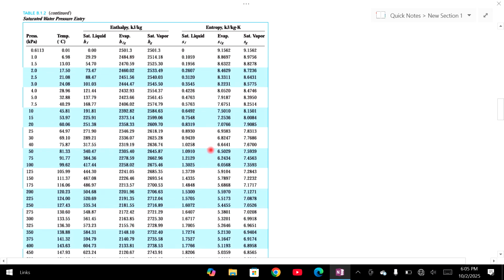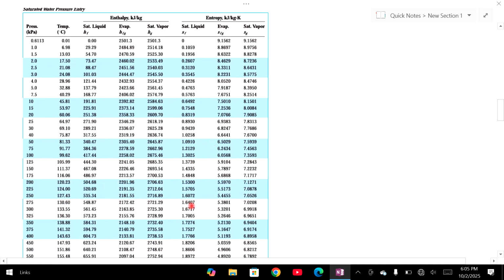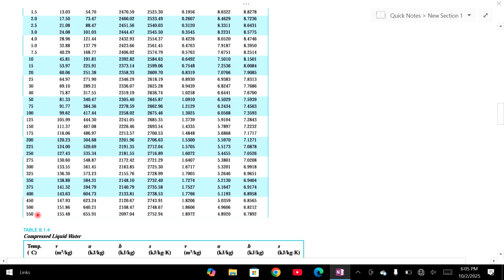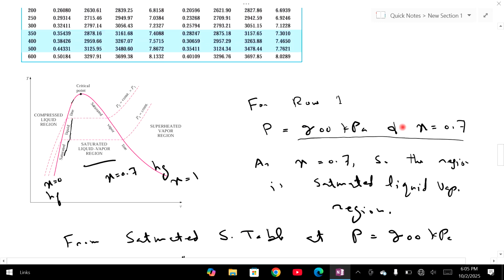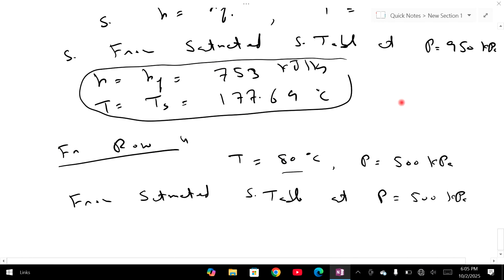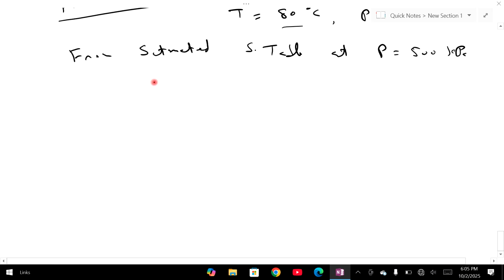At pressure equal to 500 kilopascal, the saturation temperature is 151.86 degrees centigrade.